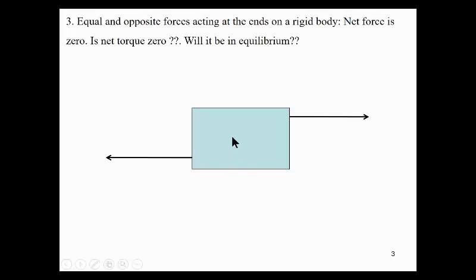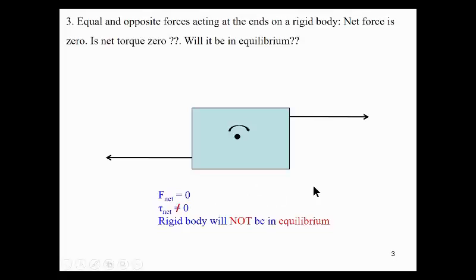The same block is being acted on by two equal and opposite forces, but at slightly different positions, something like that. Will it still be in equilibrium? The answer is no, because the way the forces are acting here will produce rotation now.